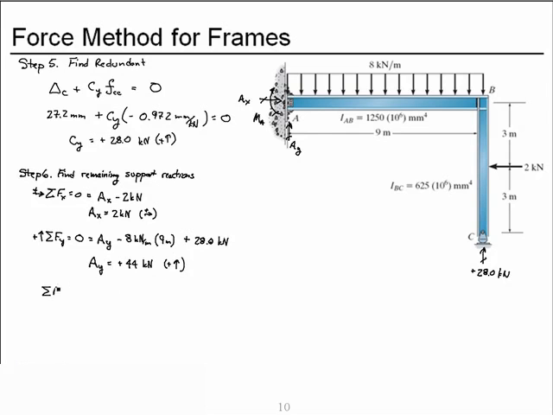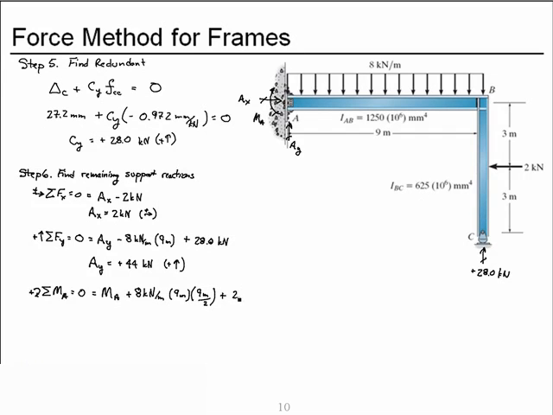And we'll sum moments about point A. We'll choose clockwise as positive. We have the unknown moment reaction at A. We have the effect of the uniform distributed load, the resultant force we get when we multiply by 9 meters. Its distance from point A is 9 meters divided by 2.